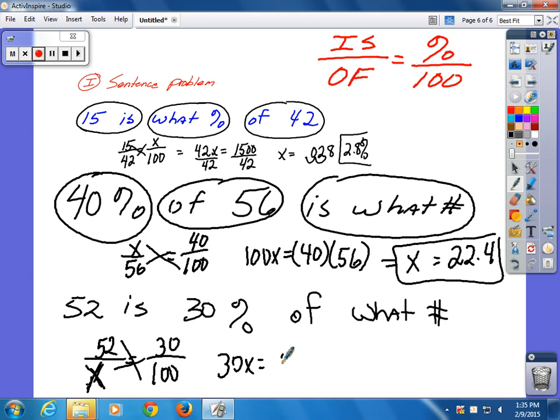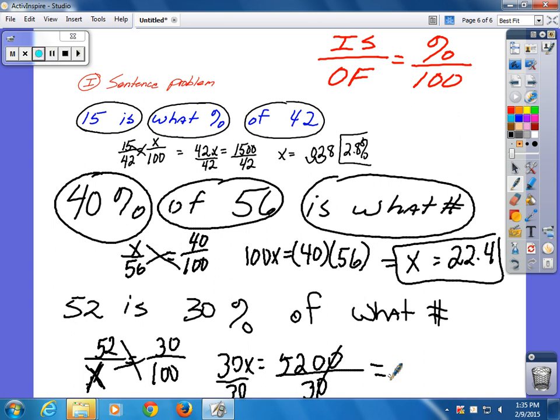X is equal to 5200. You do not need a calculator, because what happens to the zeros when you divide by 30? 2 of the zeros cancel, and then you divide 3 into 52.